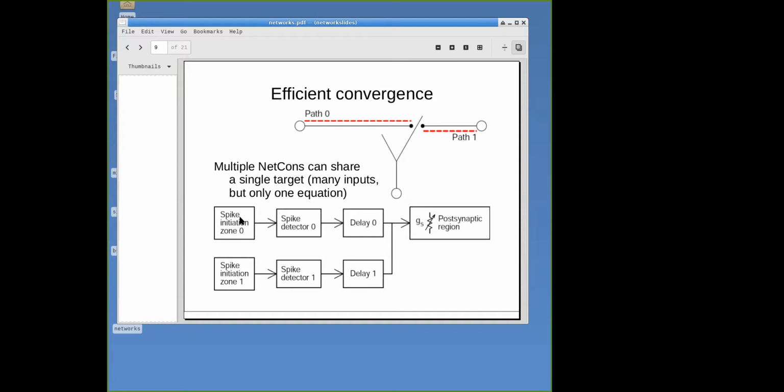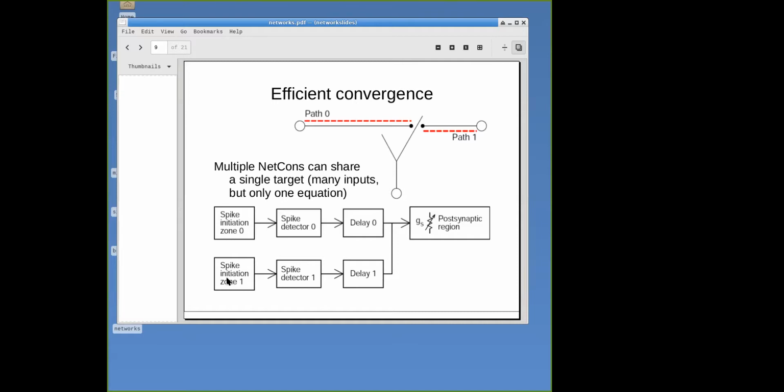So here's a netcon from cell 0, which has its own spike initiation zone and has a spike detector that monitors it and conveys events with a particular delay to our synaptic mechanism, our basket cell GABA-A-ergic synaptic input to the soma.